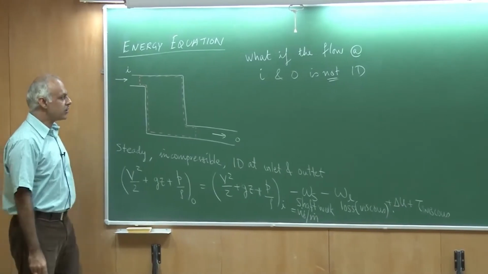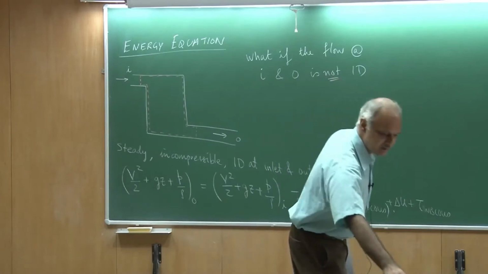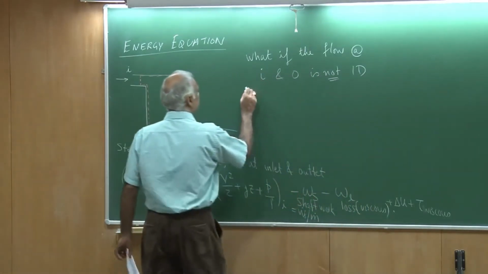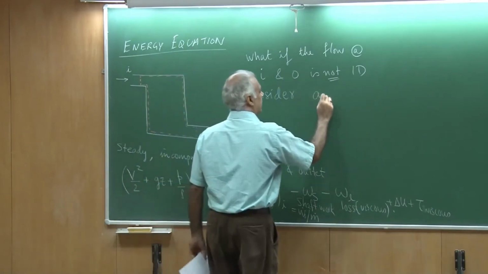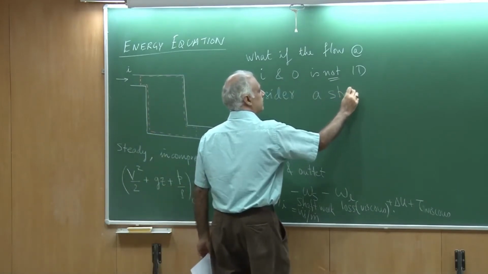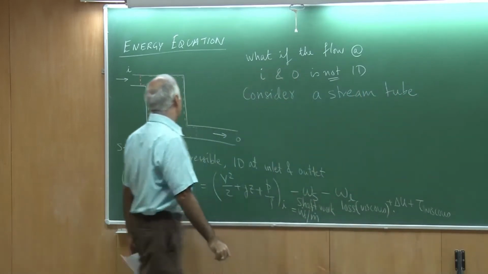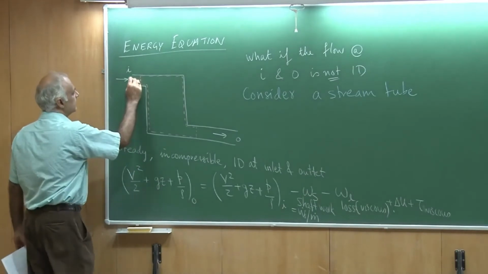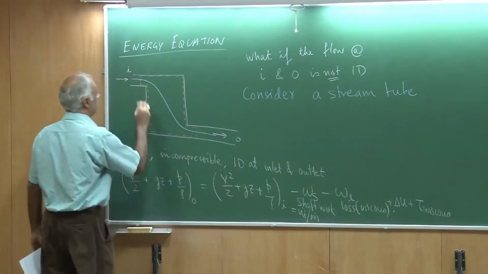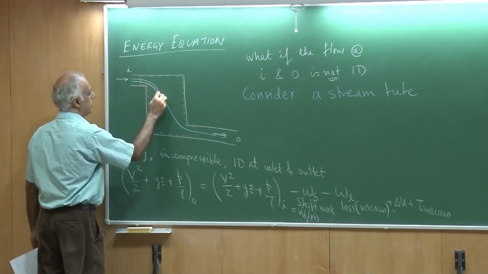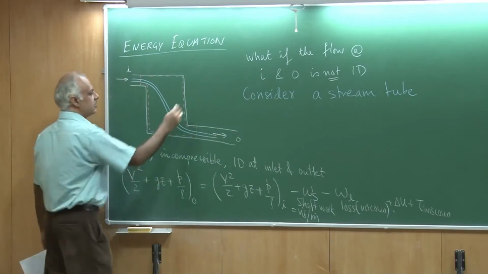So, then what we resort to is we are going to consider a stream tube. So, let us track a stream tube here. It may go something like this. This is a stream tube.